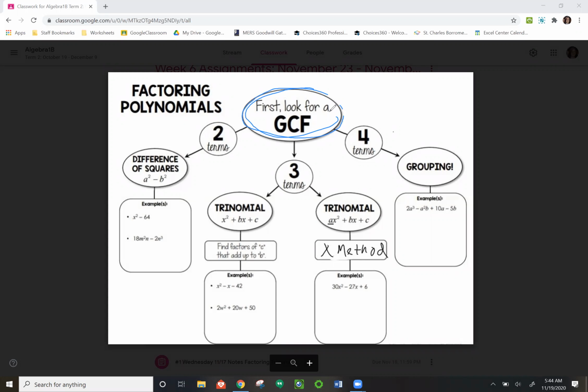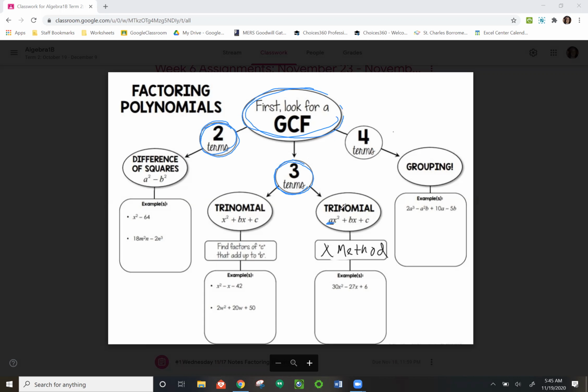Then we learned a technique that we could use if we had a two-term expression that we would like to factor. And then we explored two different ways that we can factor three-term expressions. We call those quadratics. We based our decision on which technique to use on the leading coefficient, the number in front of the x squared.